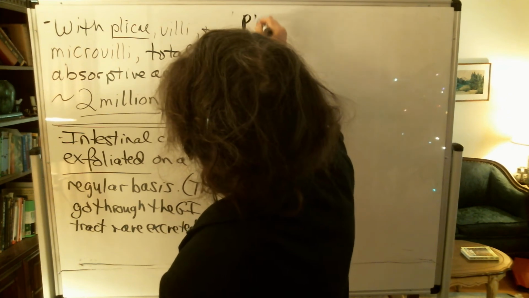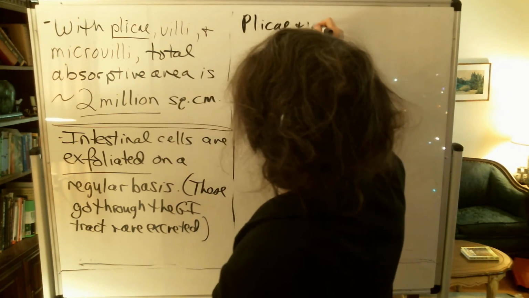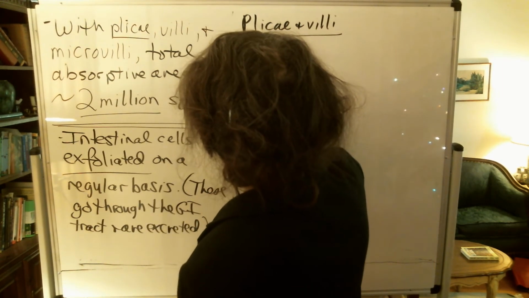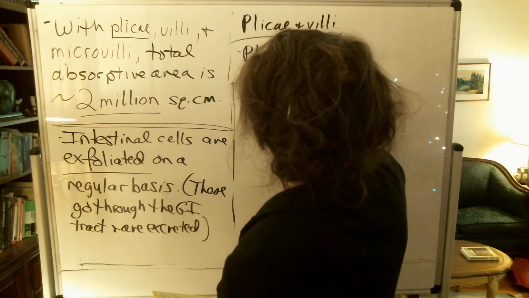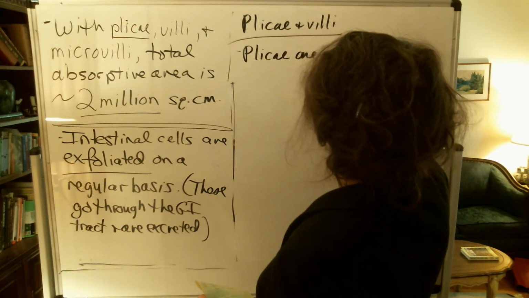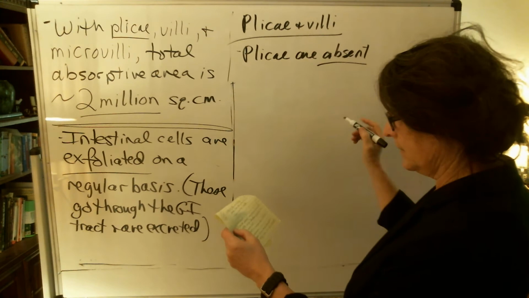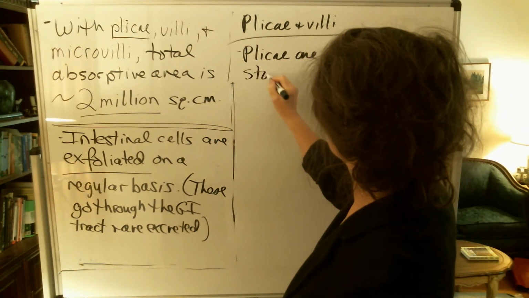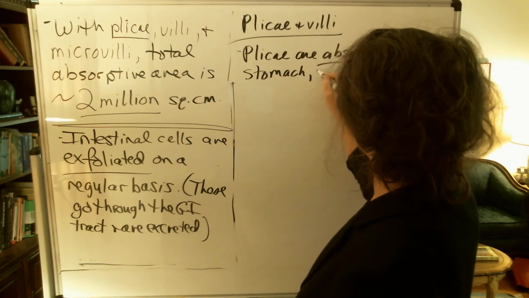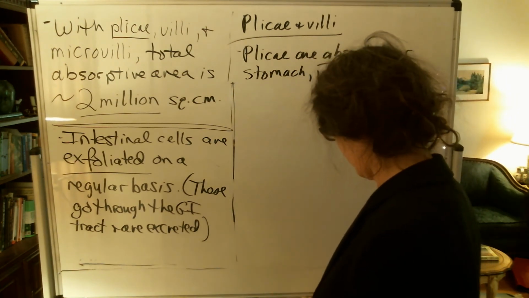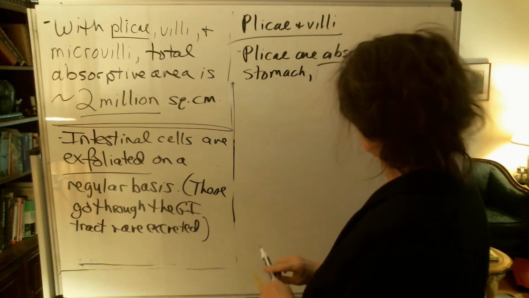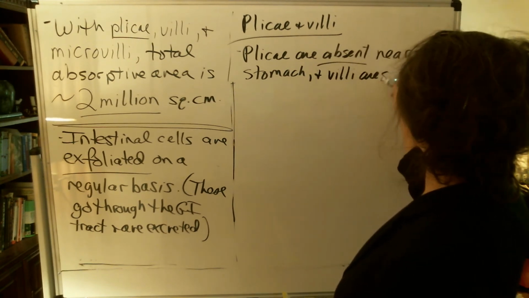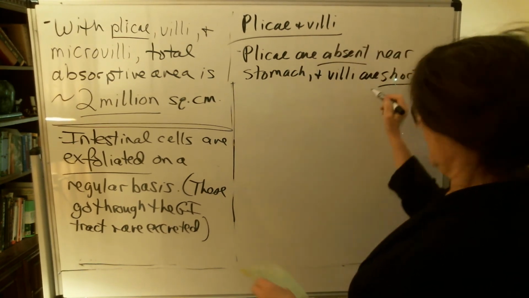So, the plicae and villi then, first of all, plicae are absent near the stomach and the villi are short.